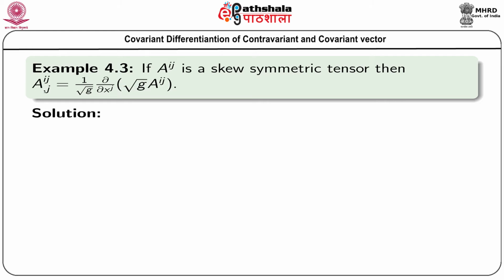Now, let us see an example where A i j is a skew symmetric tensor and its covariant differentiation has been done with respect to x j. Then the expression will come like this: 1 by root g del del x j of root g A i j.